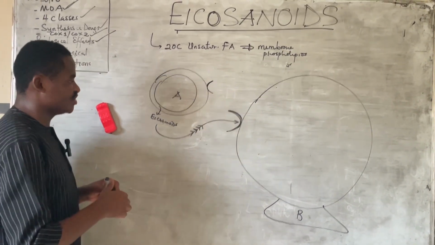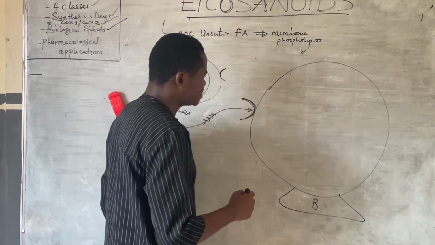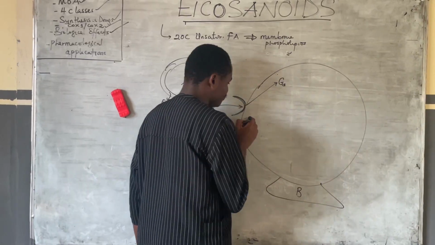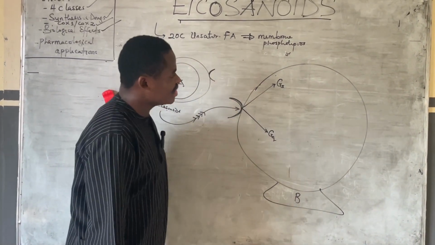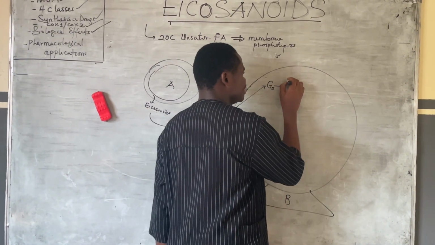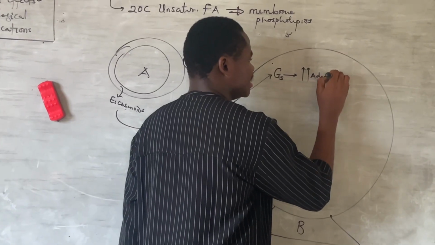Now, what's the mechanism of action is what we want to discuss now. These eicosanoids act on these receptors. Inside these receptors, they can either stimulate the G stimulatory coupled receptor or the G inhibitory coupled receptor. Now, what happens with the G stimulatory receptor? The G stimulatory receptor is going to activate the enzyme called adenylate cyclase.